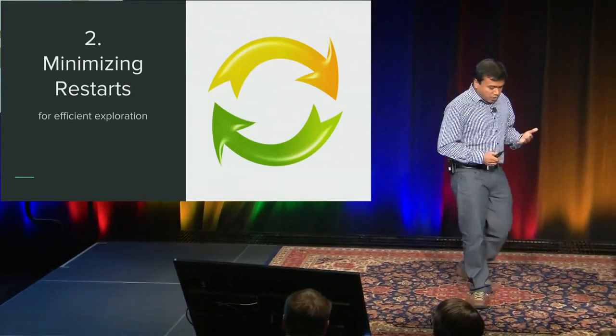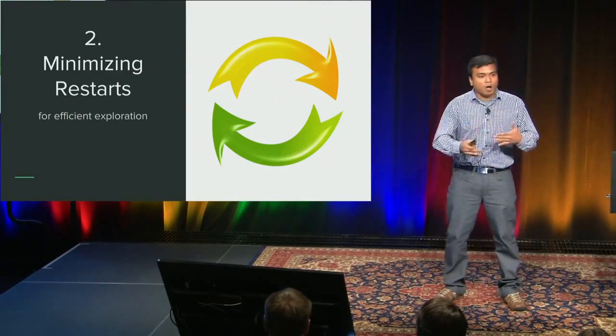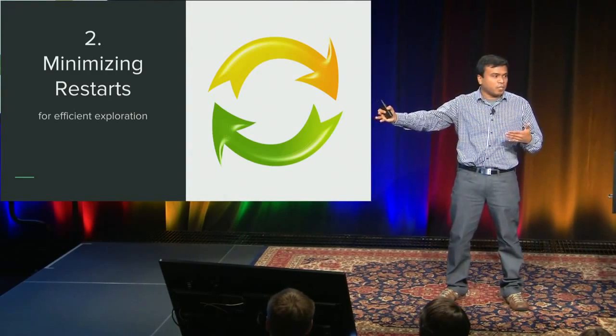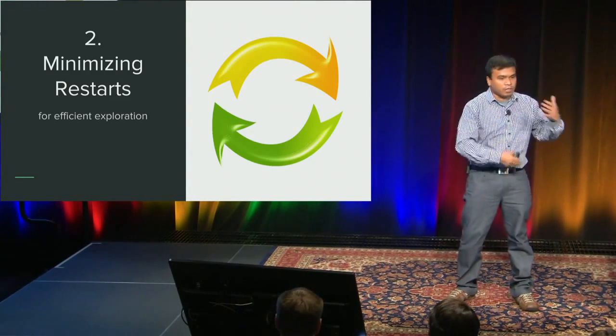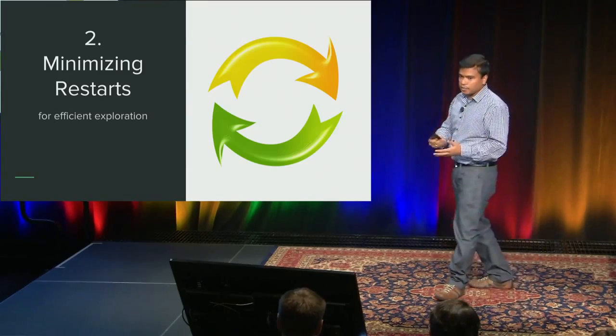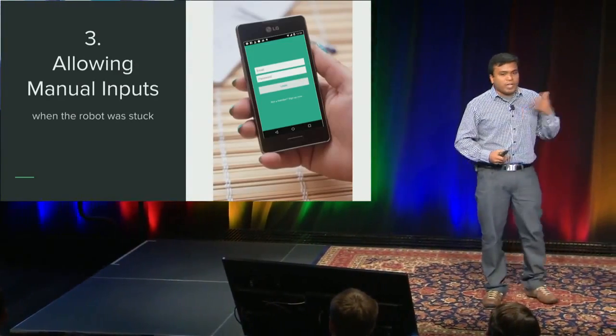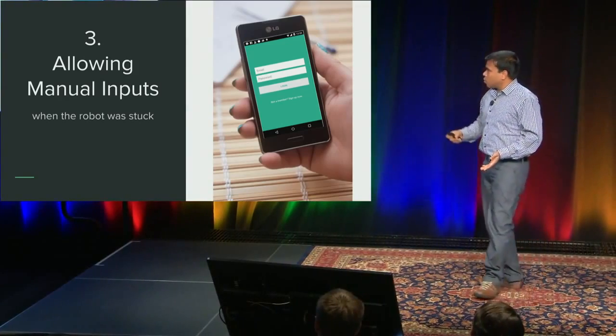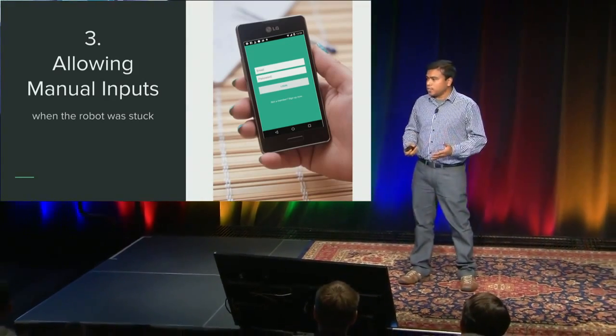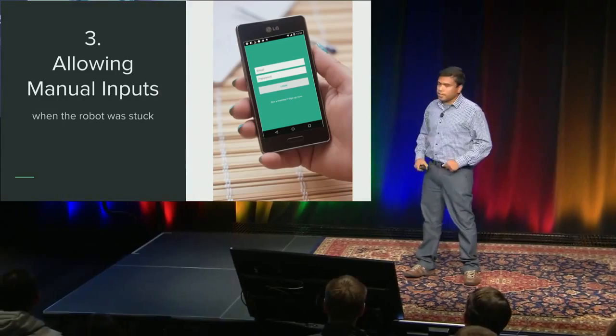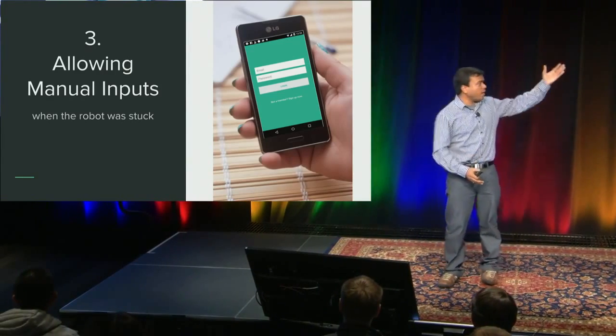Then, as I mentioned, the tool GUI Ripper took a long time to get its max coverage. So for efficiency, tools should minimize the restarts in the applications. This is a very common problem for robotic crawlers: they get stuck whenever they see a screen like this, because a robot will not know what to enter here.